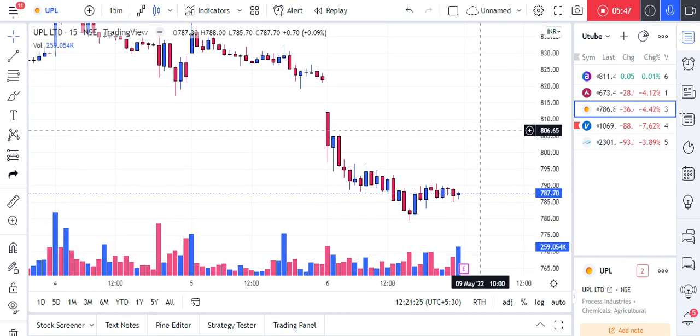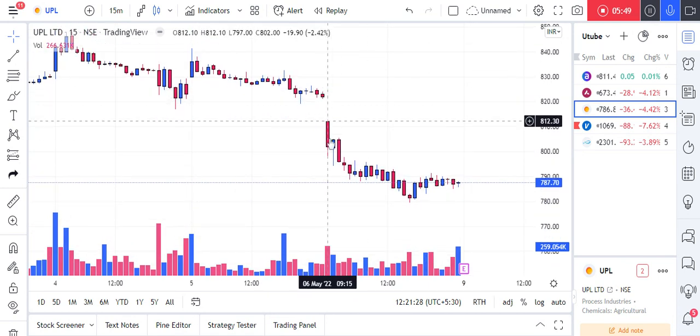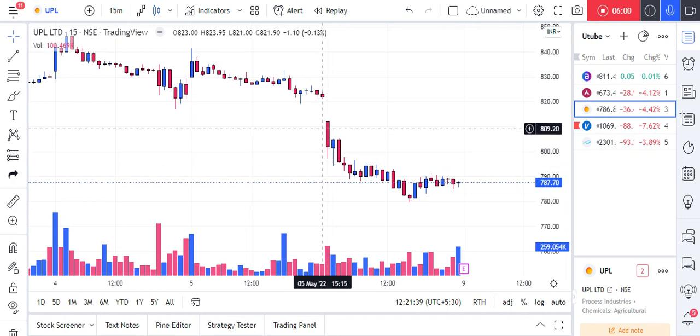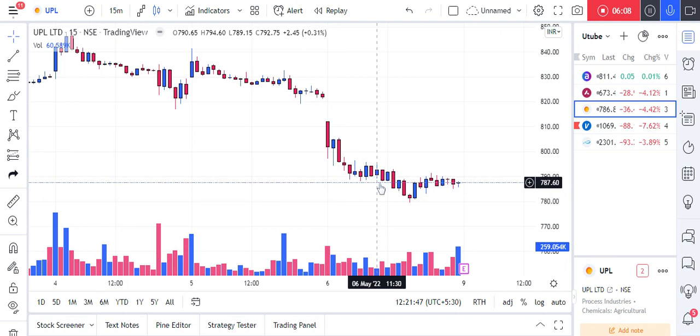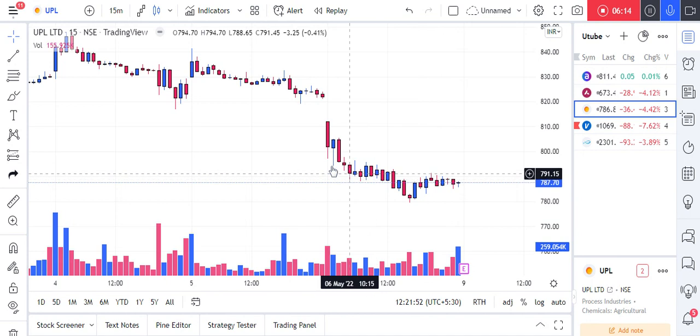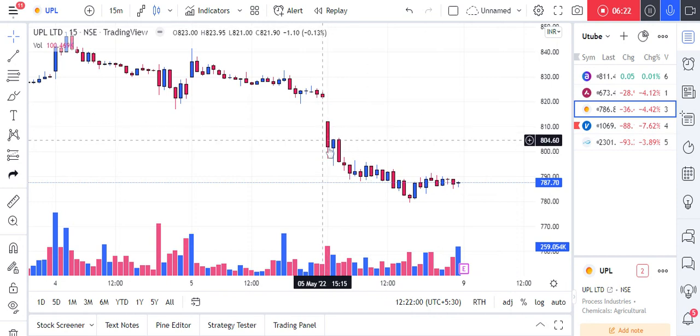And then UPL, the price closed below the previous day's low, and the candle is a little bit big but not that big, and it has a lower wick but it is a small wick only, so we are taking the trade. But since we have a lower wick, even though the price fell down, it did not fall at once, it was falling slowly, because the bears were already showing some interest in this stock. So as per our strategy, this trade also we can take.